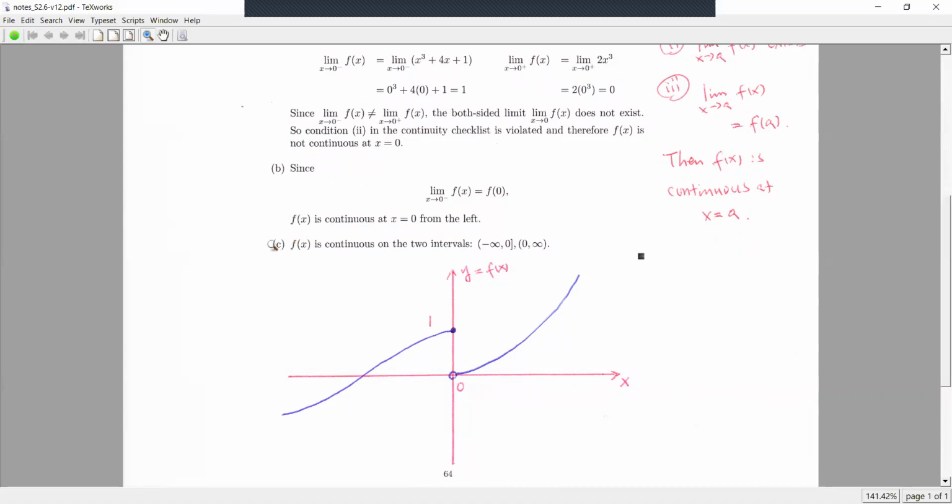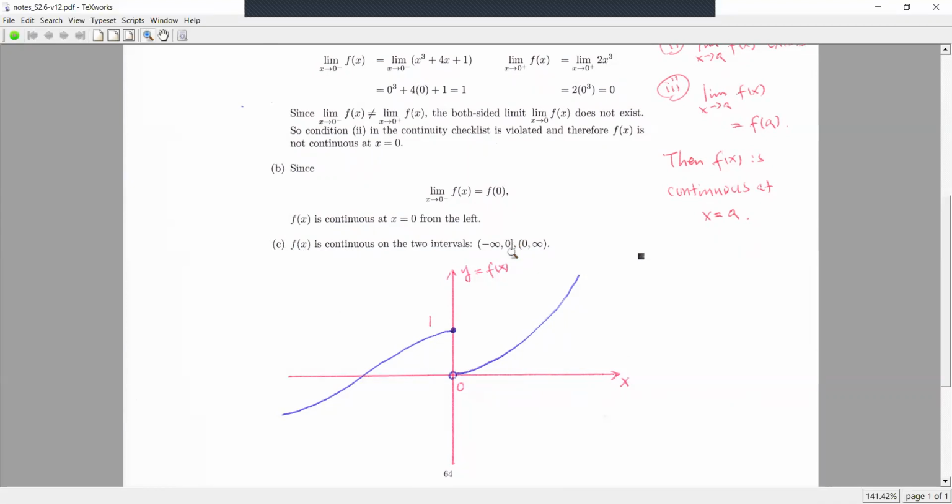Now, part c. Over what intervals is the function continuous? From this diagram, the function is continuous from negative infinity to 0. At 0, the graph is continuous from the left side, so I put a square bracket here.